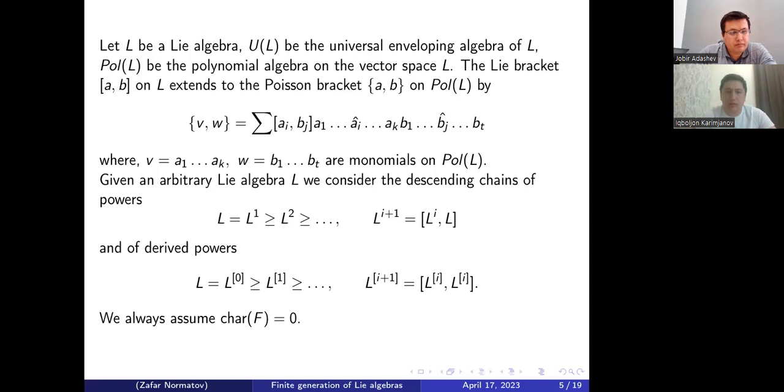For example, if you take the polynomial 2t plus t squared, then if you put in A, you take 2 times A plus A squared, right? But there are no monomials or polynomials making this bracket be just a polynomial in terms of one element.